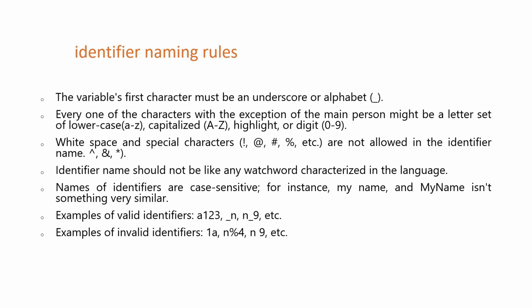Whitespace and special characters are not allowed in the identifier. An identifier name should not be any keyword defined in the language. Names of identifiers are case sensitive. For instance, my name in lowercase and my name with capital letters are not the same.